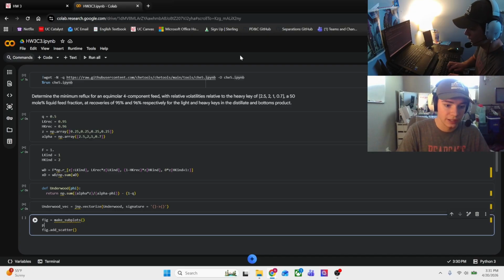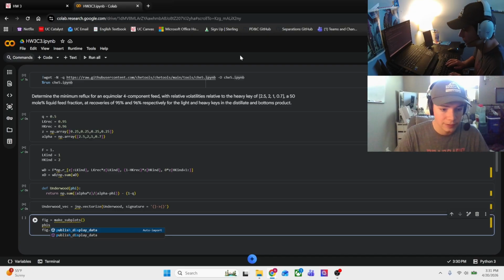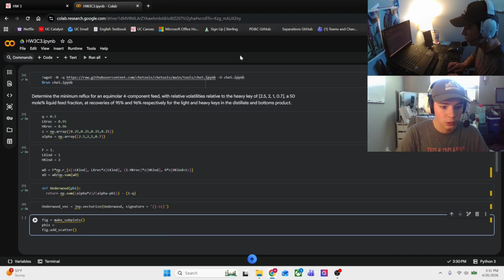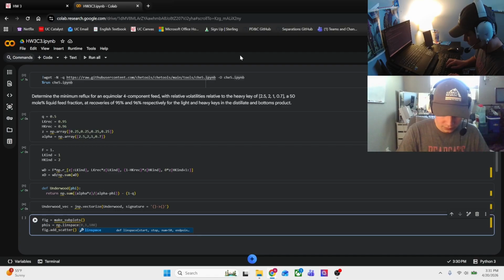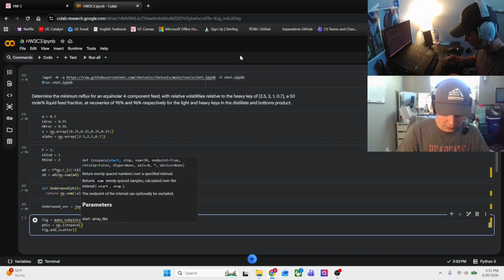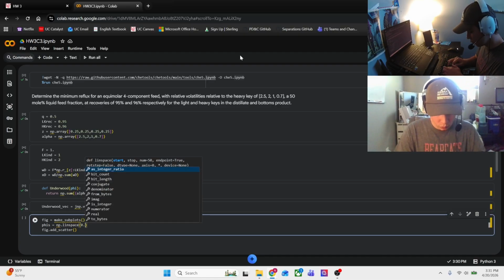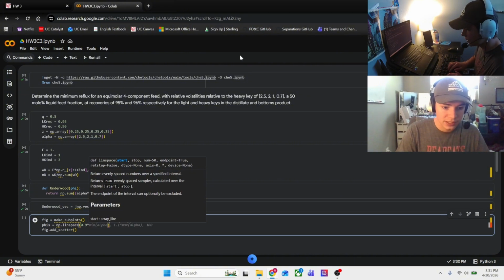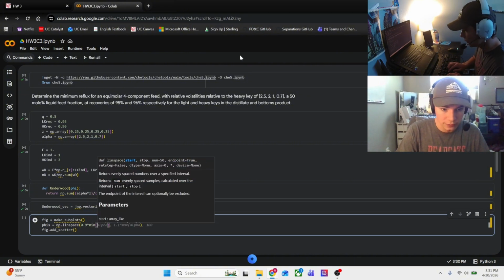So to create our phi's, say that our phi's are going to equal an np.linspace going from 0.9 times the minimum value of alpha.